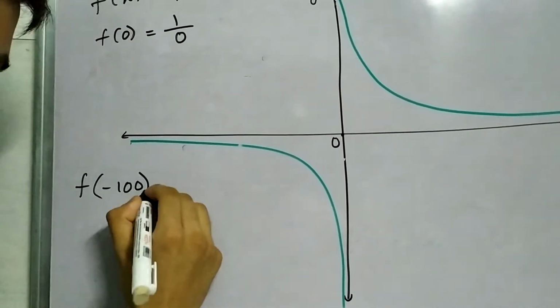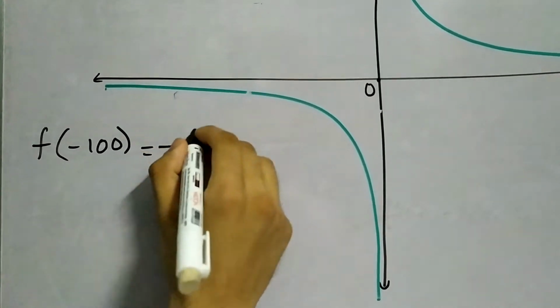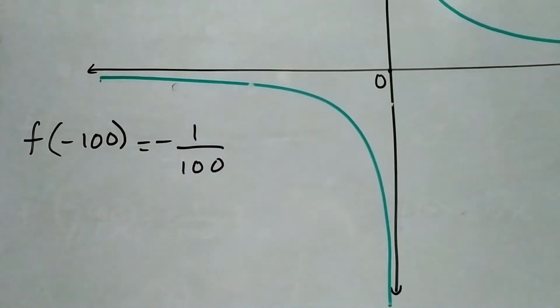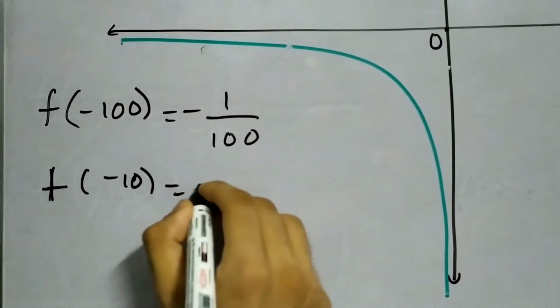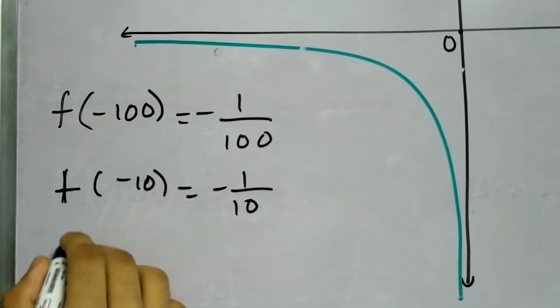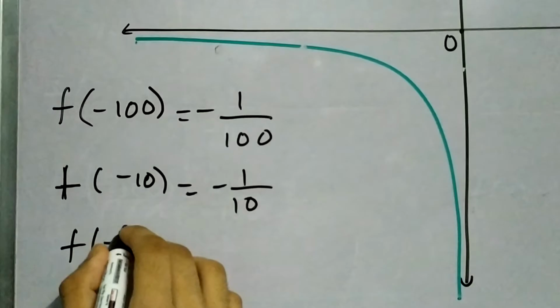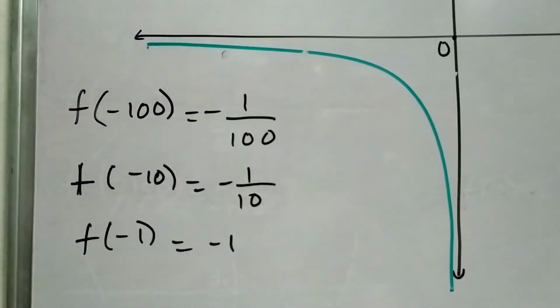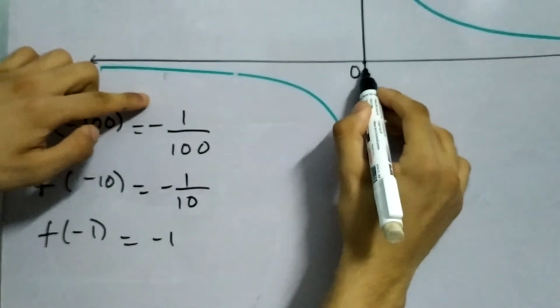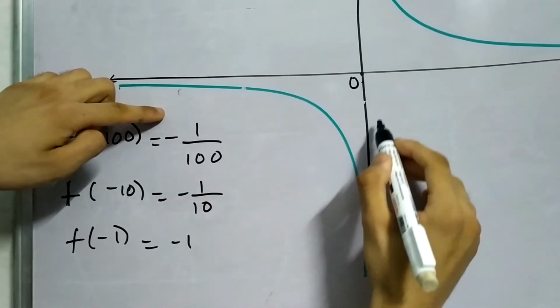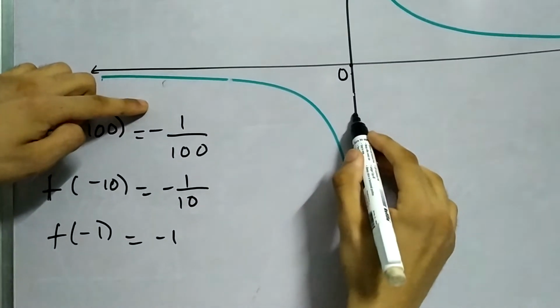Consider again f of minus 100, it's 1 upon something like this, and if you just try and put different values, alright, f of minus 1 would be minus 1. So minus 1 by 100 looks something, it will be somewhere over here. Then minus 1 by 10 will look something like this. Then 1 will be here.